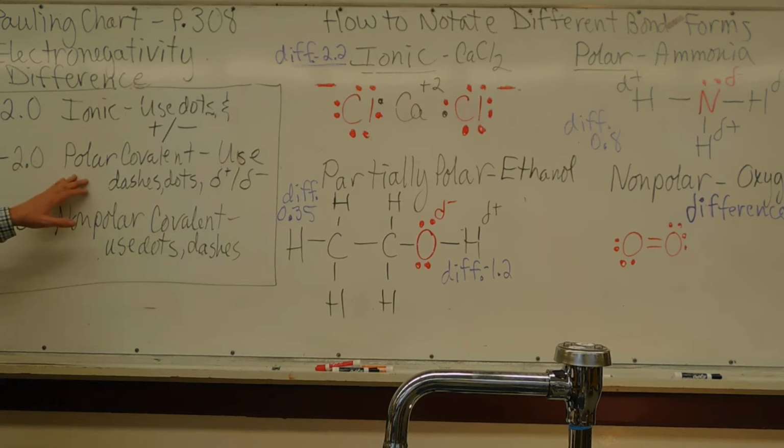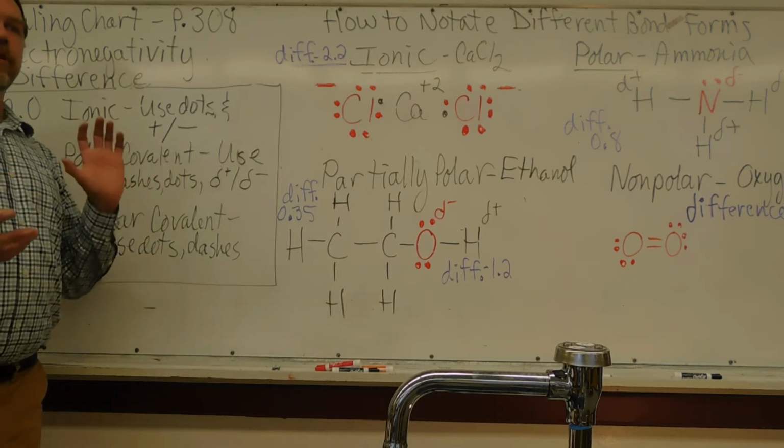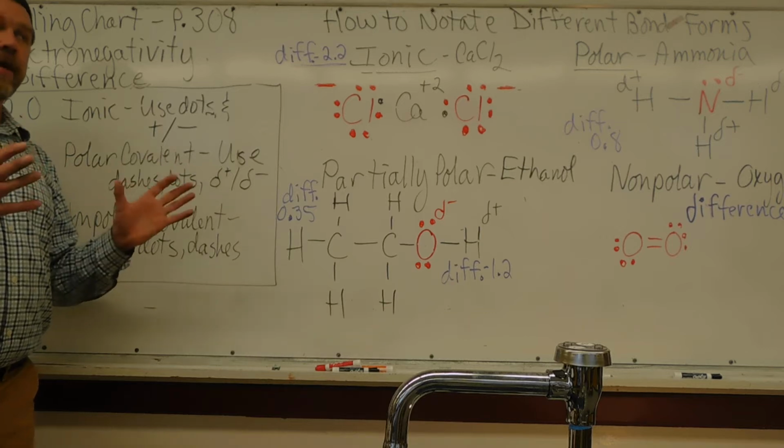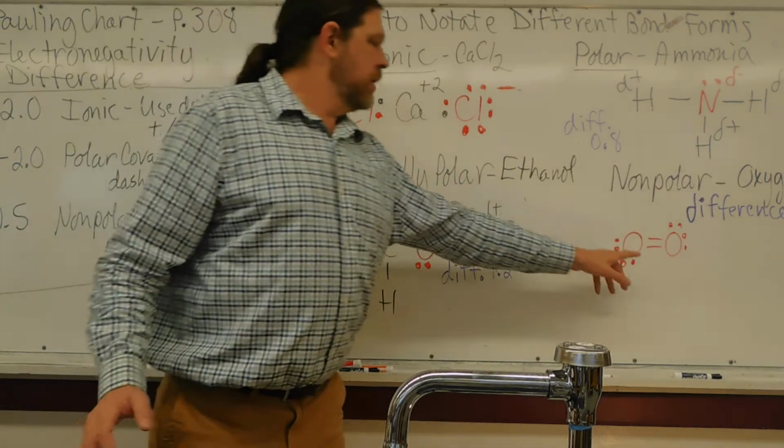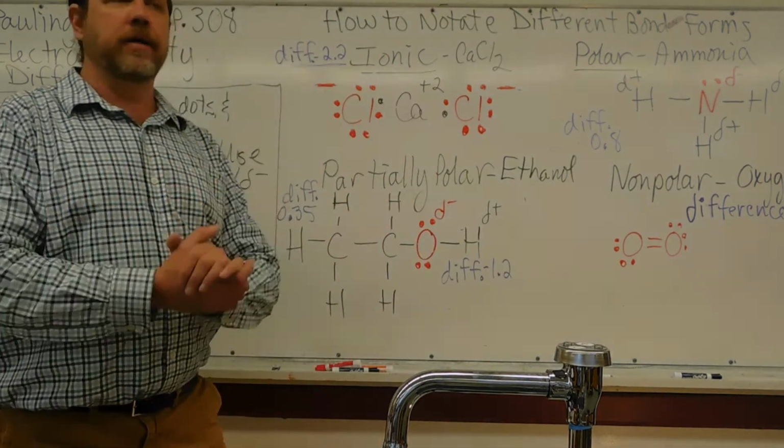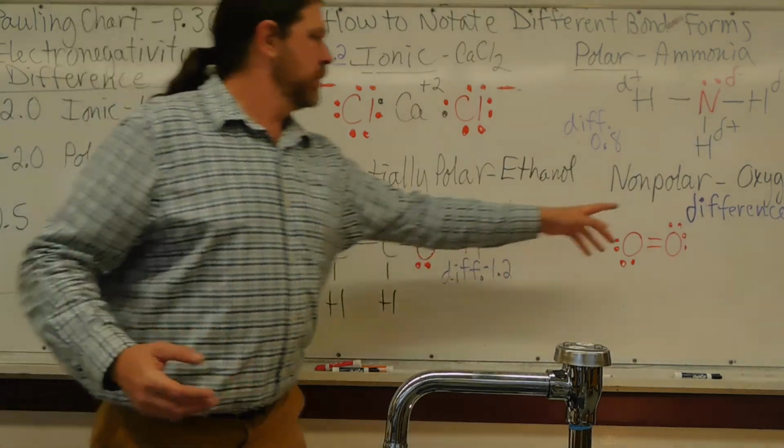Polar covalent is where the electronegativity difference between two atoms is significant, but not as great as ionic, between 0.5 and 2.0. And nonpolar covalent is where the electronegativity difference is quite low, or in the case of oxygen, where one atom is bonded to itself, it's 0.